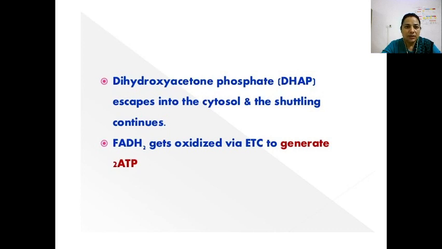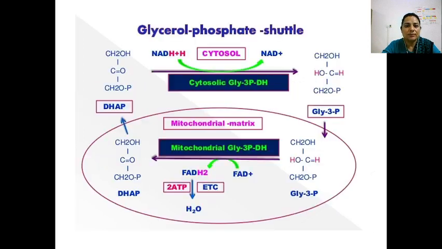Dihydroxyacetone phosphate escapes into the cytosol and the shuttle continues. FADH2 gets oxidized via the electron transport chain to generate 2 ATPs. This is the diagrammatic representation, the flow chart showing the glycerol phosphate shuttle.